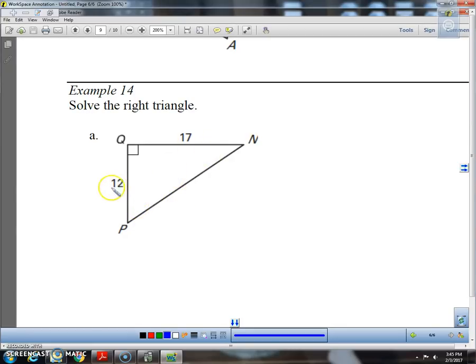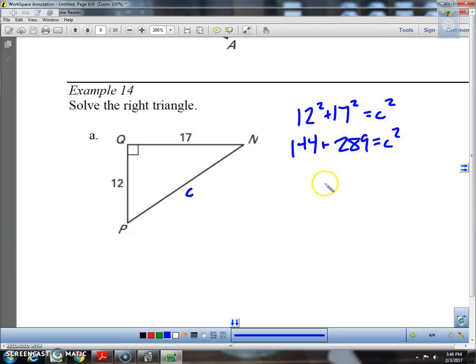But I recall that if I have two sides of a right triangle, I can find the third from the Pythagorean theorem. So we've got 12 squared plus 17 squared equals c squared. That's 144. 17 squared is 289.